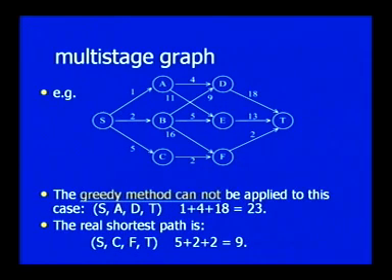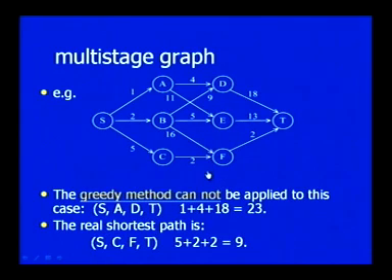This example we had seen just now is a multi-stage graph because the vertices are divided into a number of disjoint partitions. This is one stage, this is the next stage, this is another stage, and you take any edge that connects vertices of two stages.